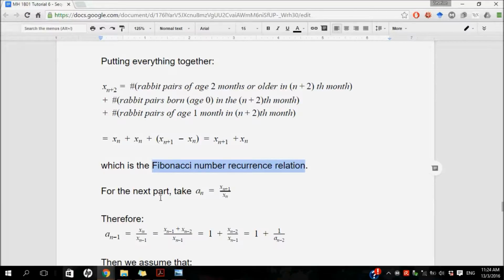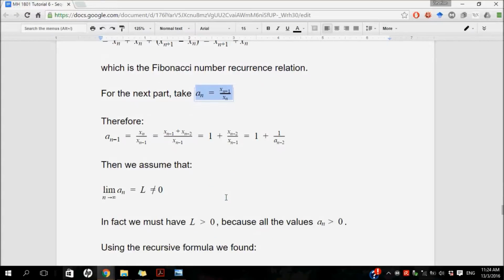For the next part, we are interested in the sequence an, which is defined in terms of xn. It is xn plus 1 divided by xn. So we are supposed to prove a certain relation for the an's, and here's how we do it.